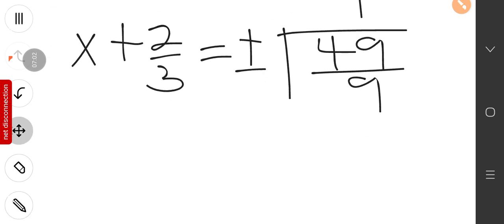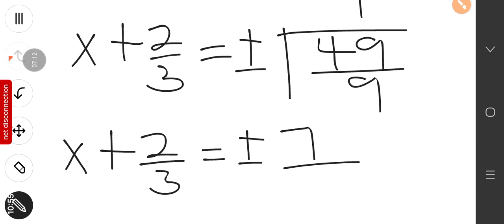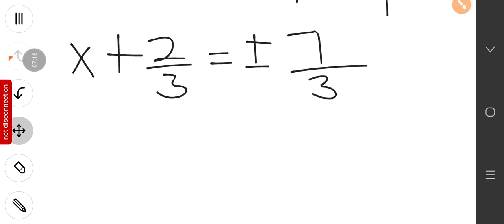So you're going to have x + 2/3 equals plus or minus, and the square root of 49 is 7, and the square root of 9 is 3. You can see we have two cases in this equation, or we can produce two equations from this equation.